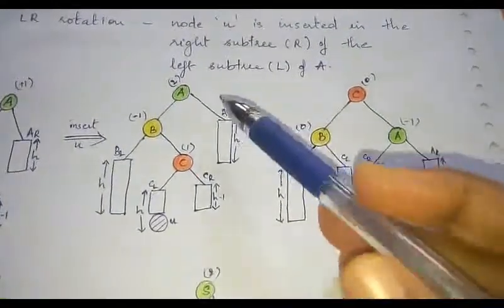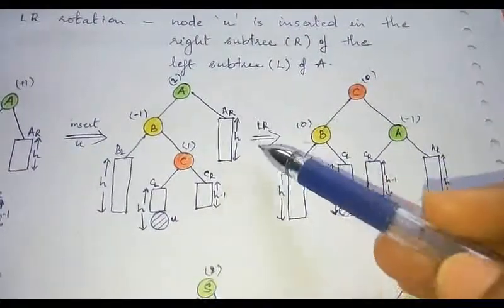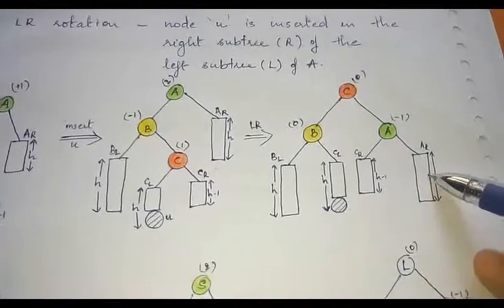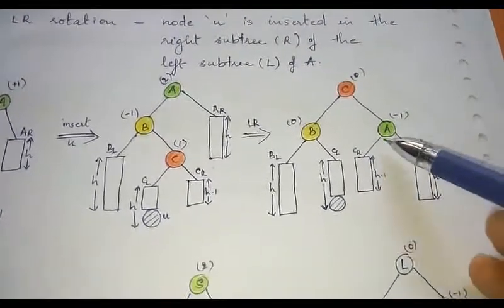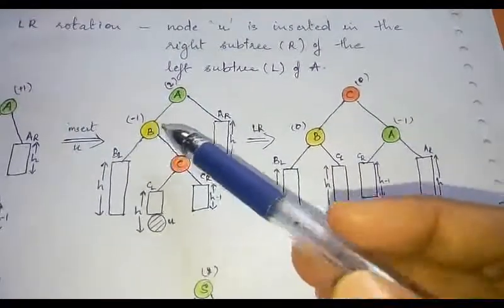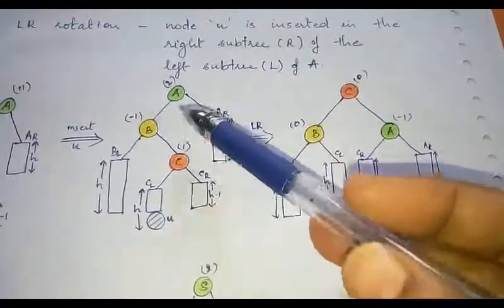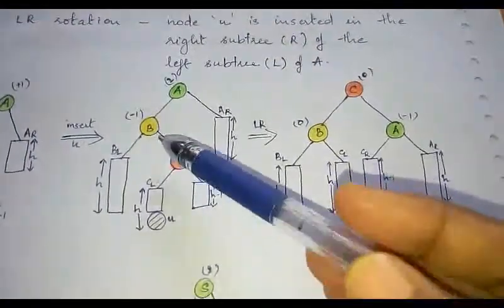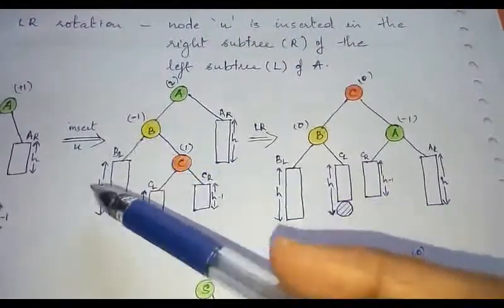Since A is shifted to the right, A along with its subtree will be shifted to the right. So the left side of A will be vacant. Now in the case of B, since C was put on top and B was just kept as such, the left side of B will not be disturbed.